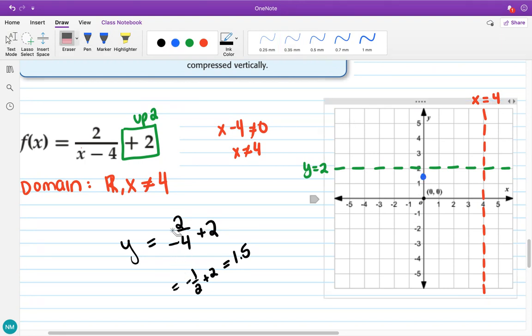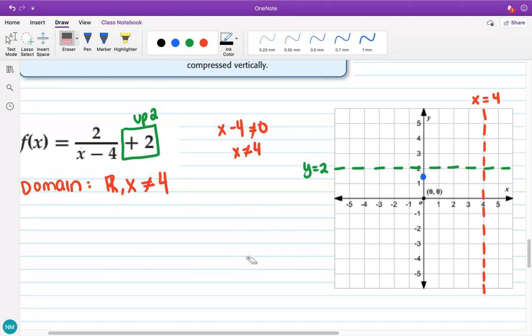I could solve for my x-intercepts, but we're not going to do that right now. Right now, all I'm going to do is get at least that one point. We're not going to focus on getting a perfect graph. We're just going to focus on sketching the graph. Eventually, we're going to get the perfect graph, but for right now, we're not.